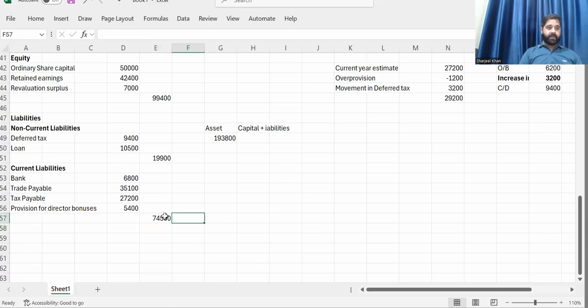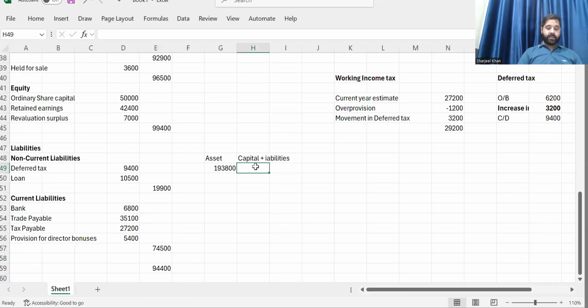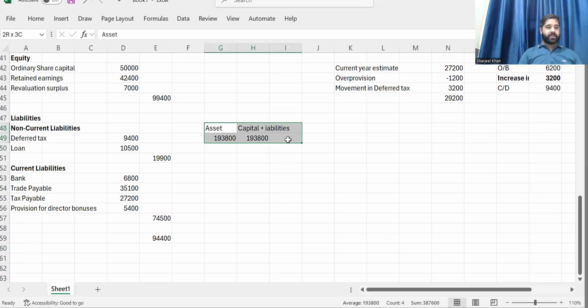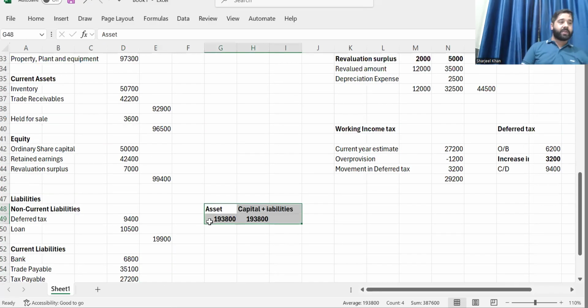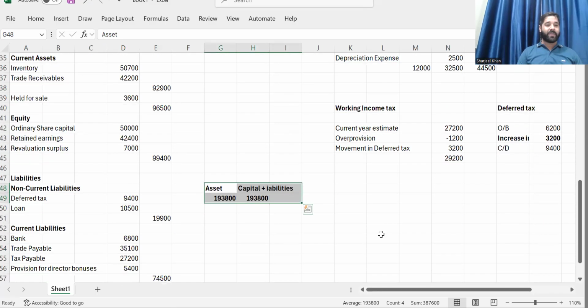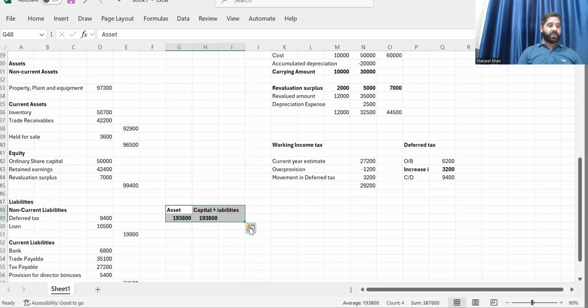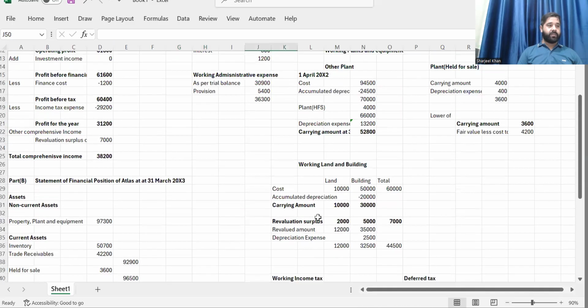It is the current liability, while the total liability is non-current plus current, right? So capital plus liability. So both are matched. It means that we have done our statement of financial position and profit or loss correctly, and you will get 20 marks, right, in your paper. So this was all about the Atlas company, financial position, and profit or loss.